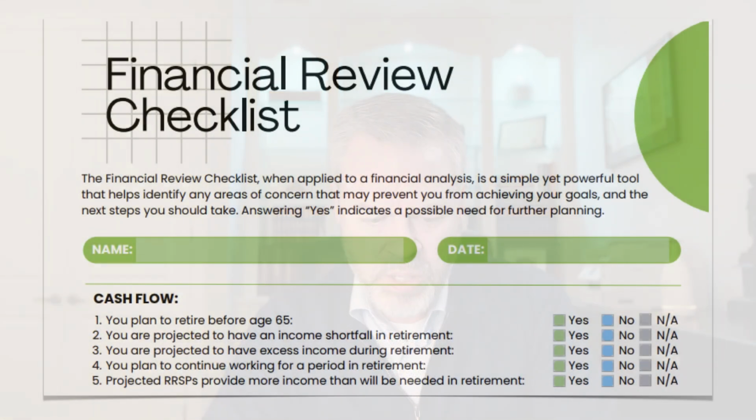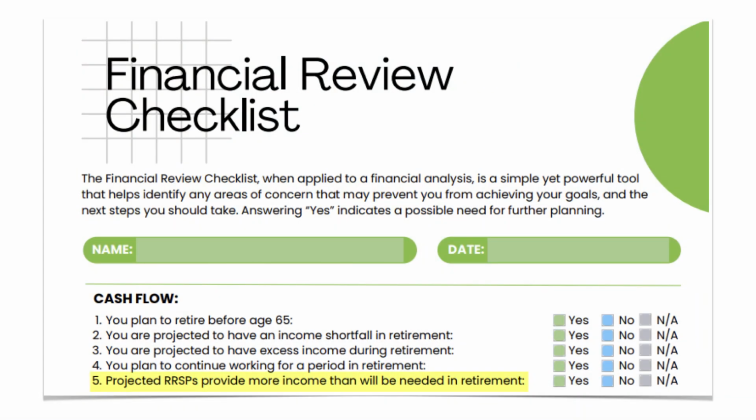And the 5th one, projected RSPs provide more income than will be needed. Again, I see a lot of people where you have one account that's much larger than the other accounts. So typically that's the RSP side of the equation, and the tax-free savings tends to be a little bit lower. So you really want to be careful about how high or how big you fund one account.